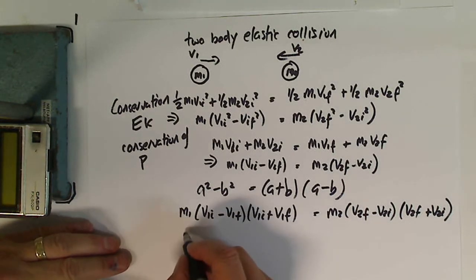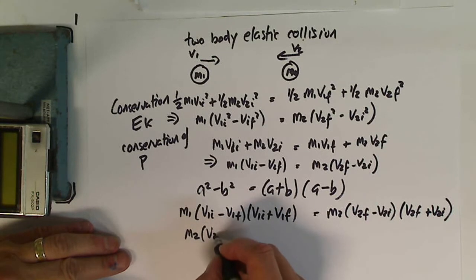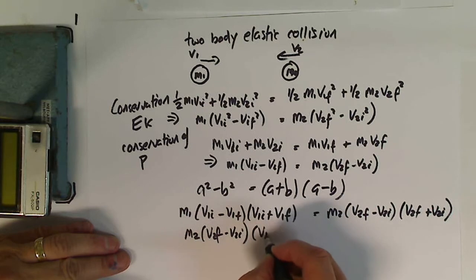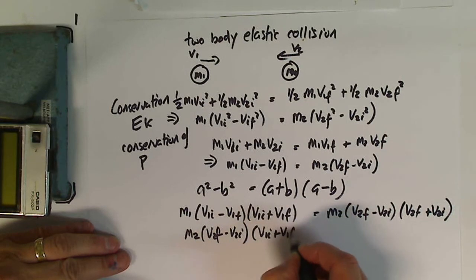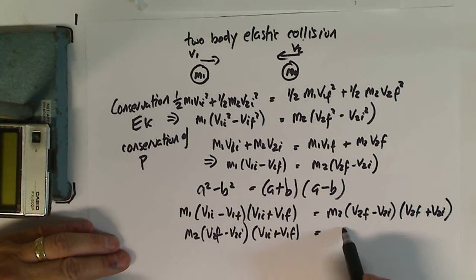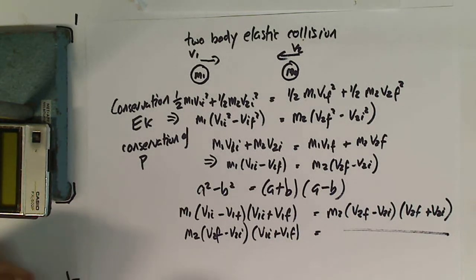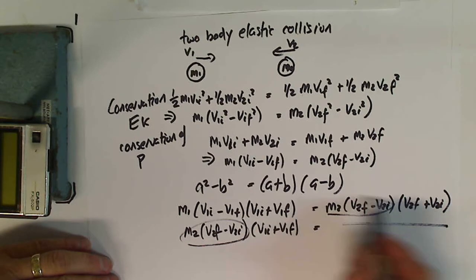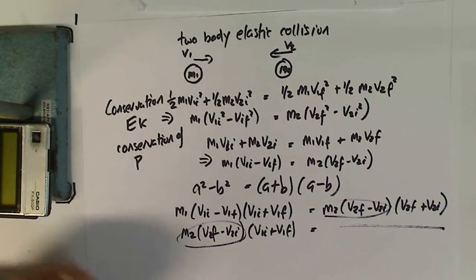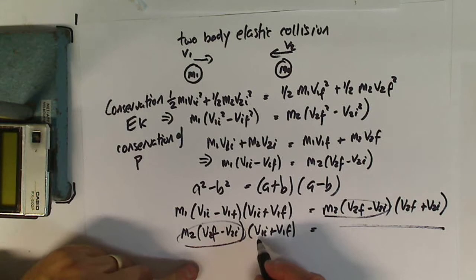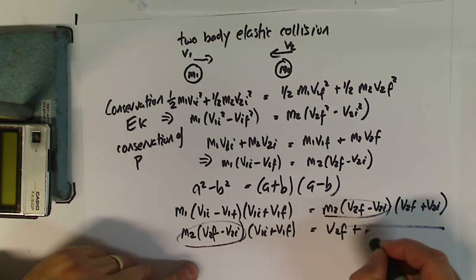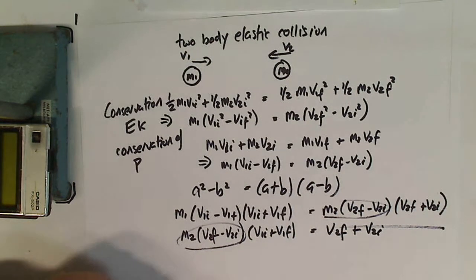We can substitute that back in and say M2 times V2 final minus V2 initial times V1 initial plus V1 final equals all that. Now these two are the same, that one with that one. We can cancel them out. And we can end up with V1 initial plus V1 final equals V2 final plus V2 initial.